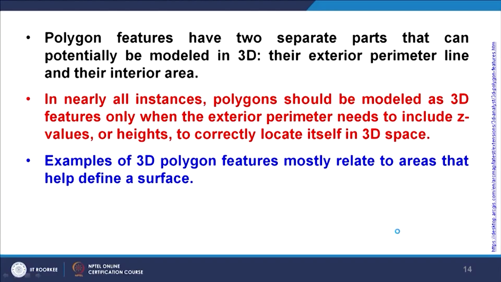And 3D polygon features mostly relate to areas that will basically help to define a surface. The surface and undulations can be best represented through raster rather than vector, because vector is discontinuous.